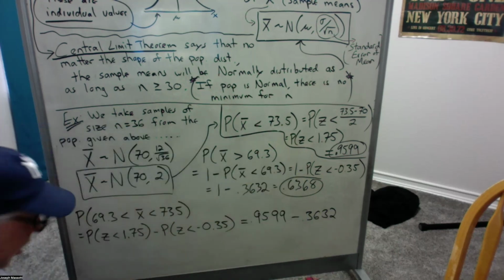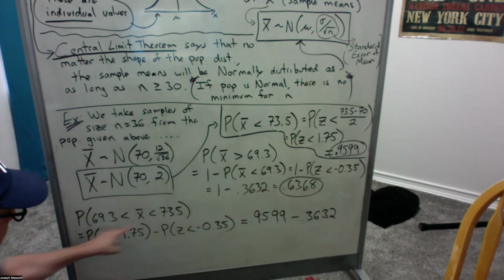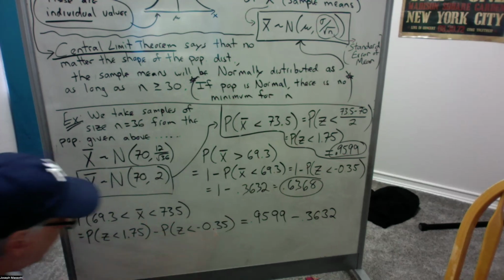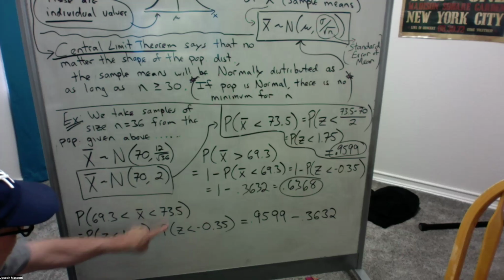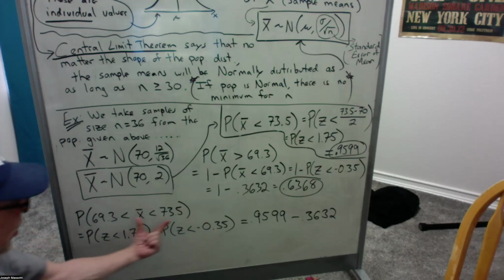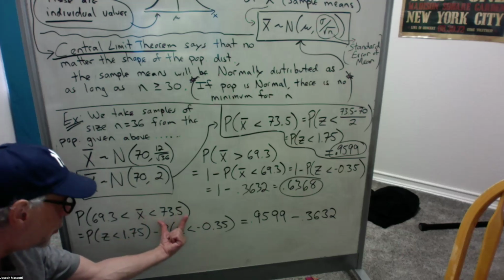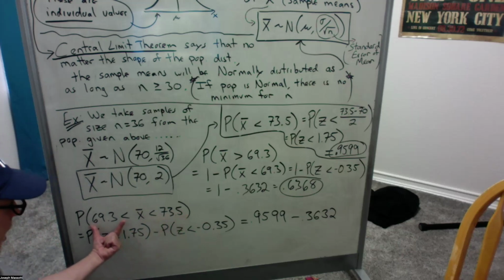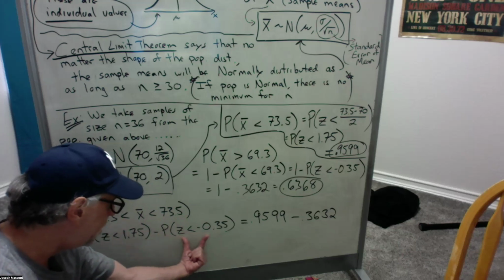And remember, this is how we find the probability between 2 numbers. We standardize first. We already standardized the 69.3 to negative 0.35, and we standardized 73.5 to 1.75. We take the probability less than the larger number, that's this, and we subtract the probability less than the smaller number, that's this.